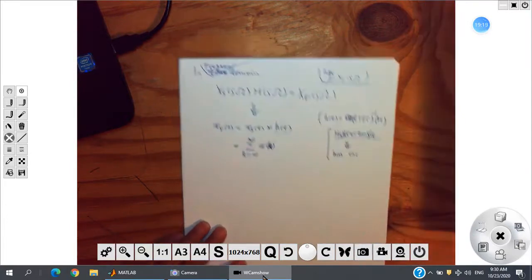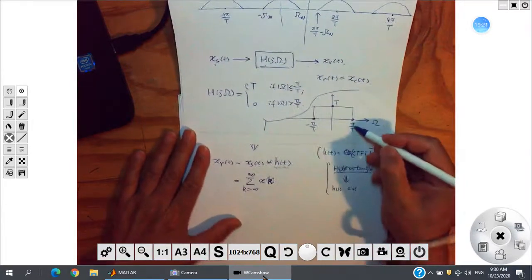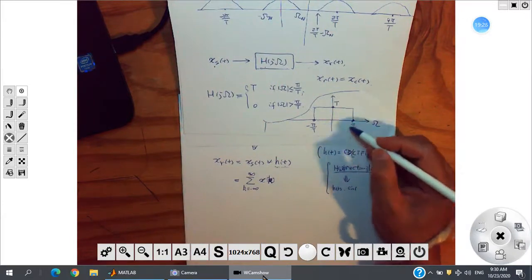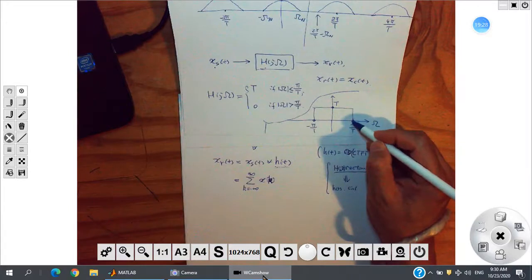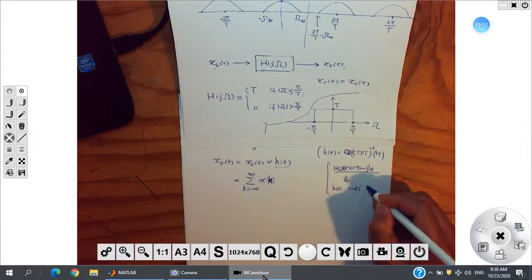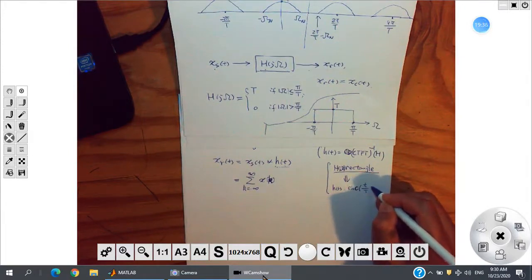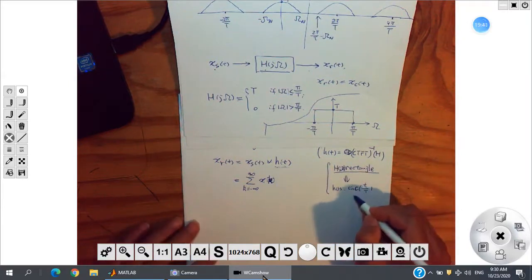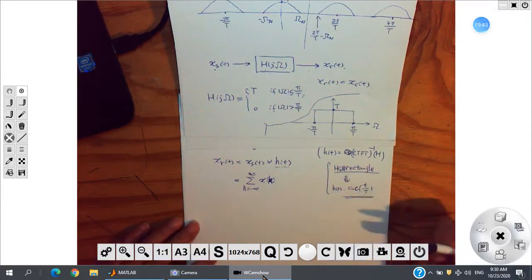H is here, from minus pi over T to pi over T. So h of t will be sinc of pi t over T. So h of t will be this one.